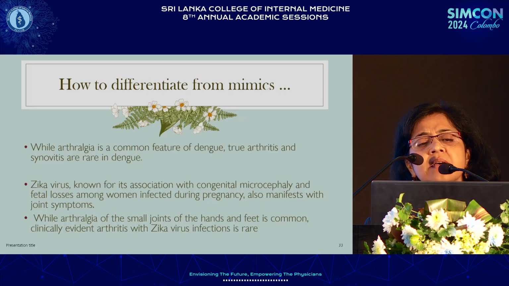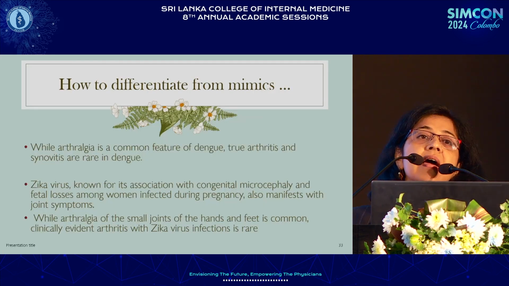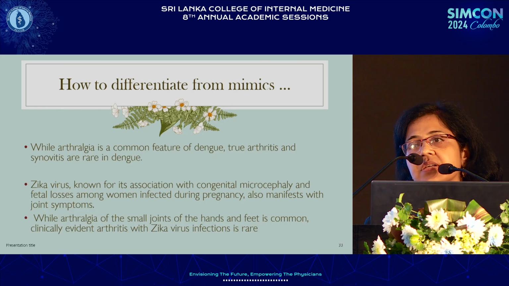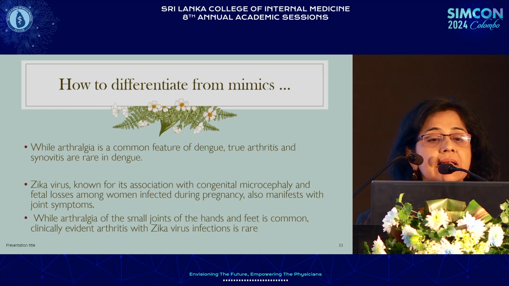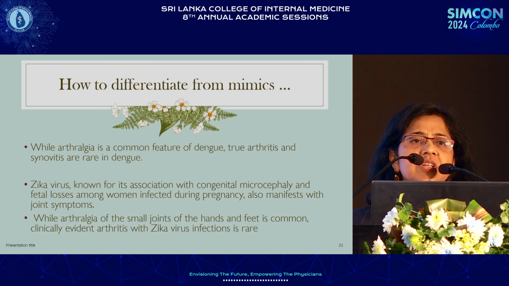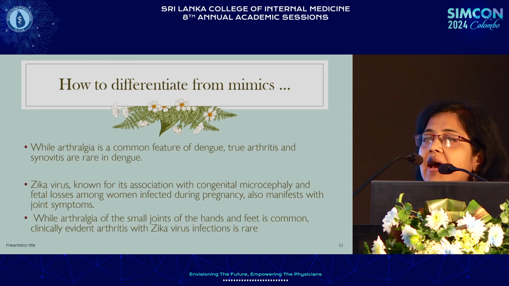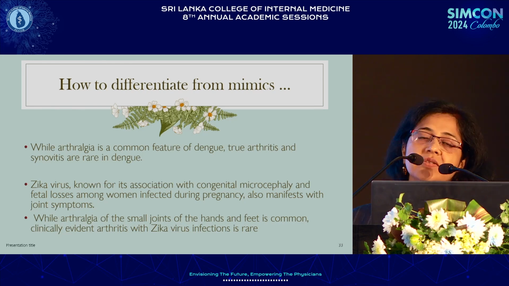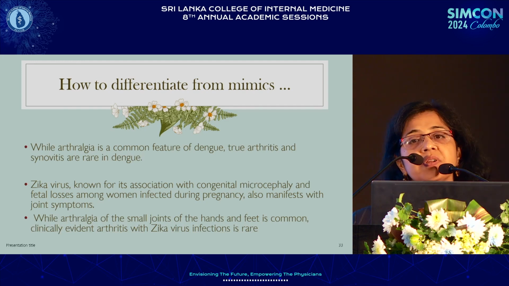So this comes to the discussion of how to differentiate, or at least think of differentiating, between chikungunya and dengue, as well as Zika. Zika virus is not so commonly diagnosed in our parts of the world, or maybe we do not test for it, so we don't know.